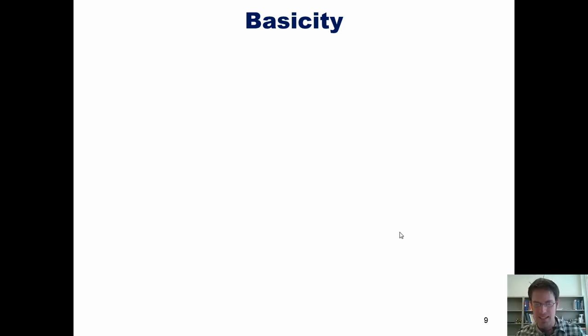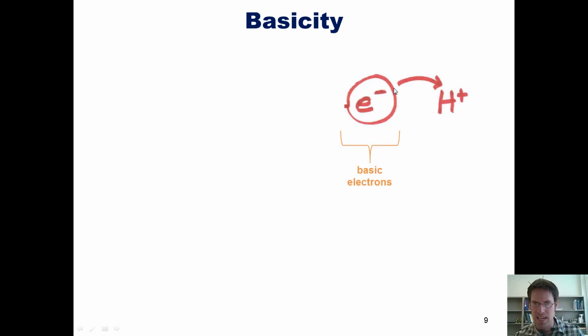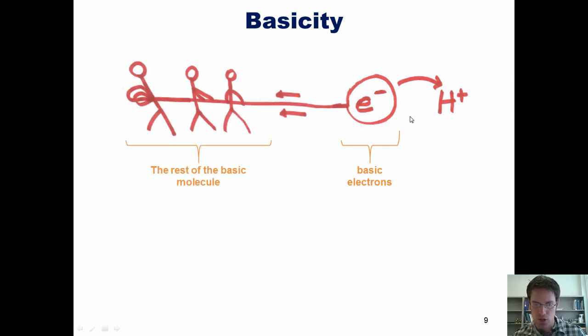Simply defined, basicity is a measure of how easily electrons can come out of a compound to steal a proton. So if we imagine this E- here as being a set of basic lone pair electrons wanting to steal this proton right here, then we can further envision it being attached to the rest of a tug-of-war molecule shown here.